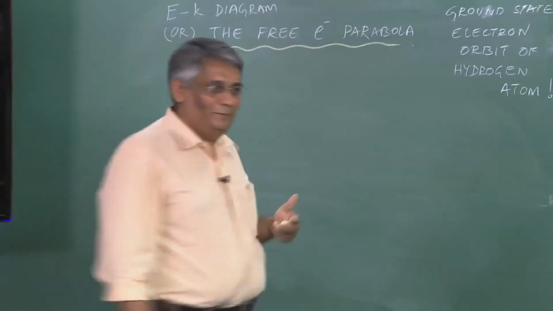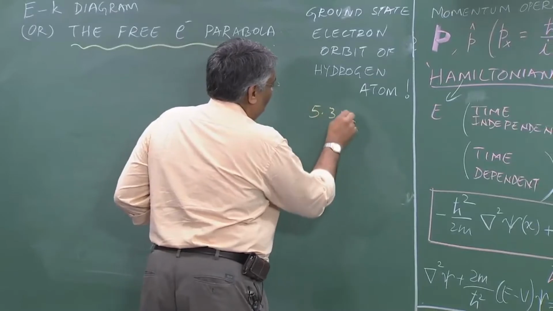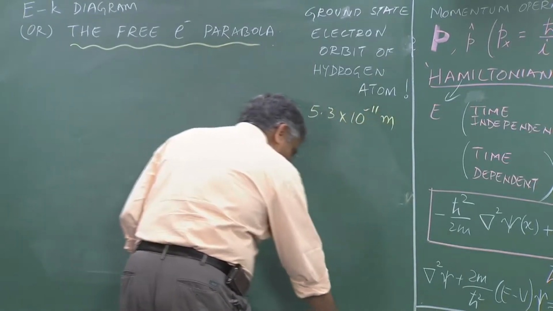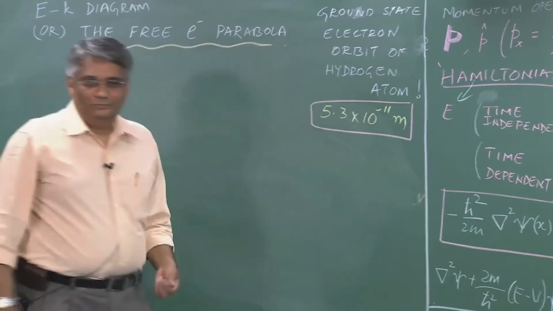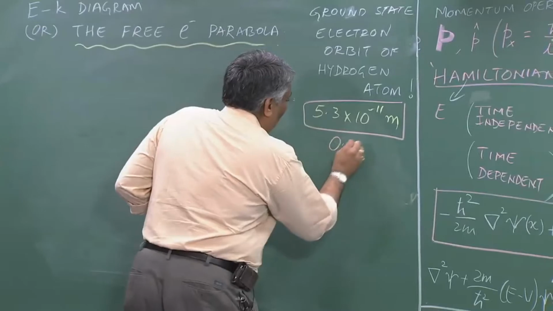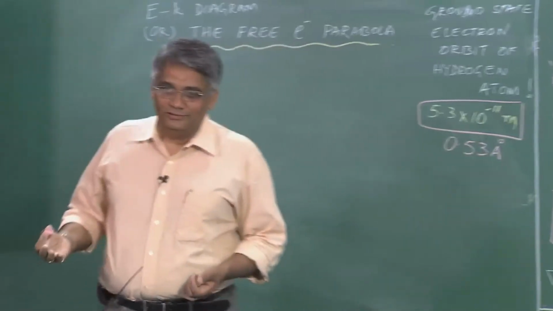We know that it's a magic number, 0.53 angstroms. We know we use it in physics all the time. This is nothing but your Bohr radius.